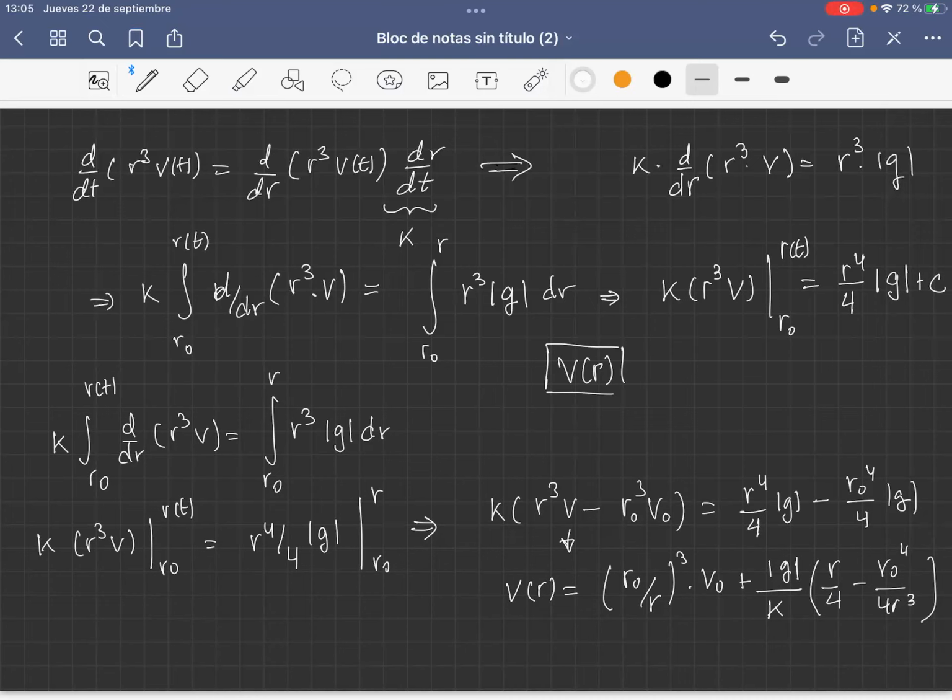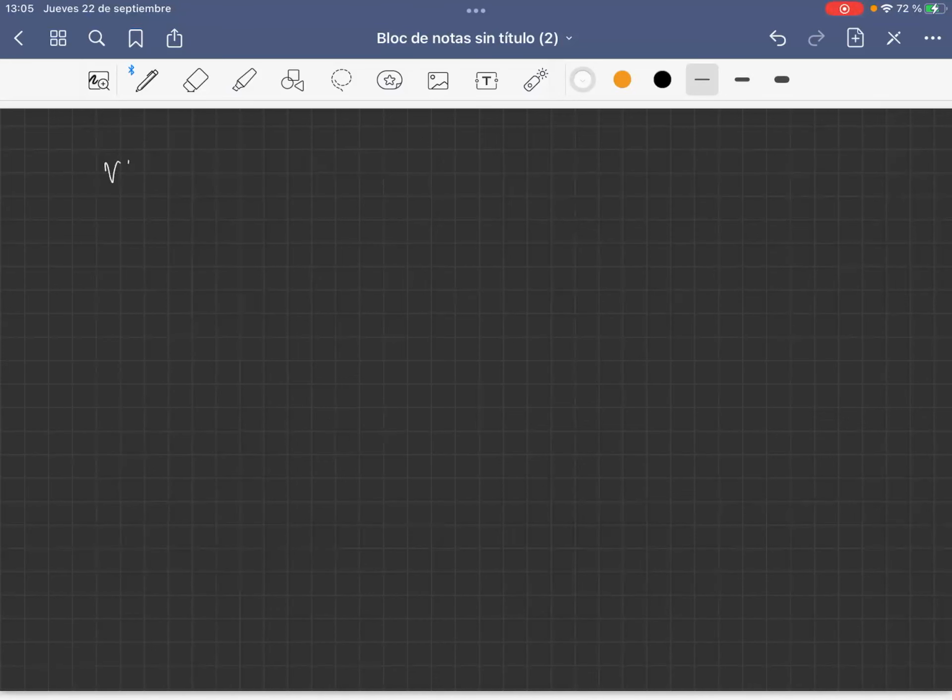And there's another way of rewriting this expression. Sometimes it can be rewritten, it can be shown in books as this. So the r0 divided by the r, because this is going to be convenient, as you will see.